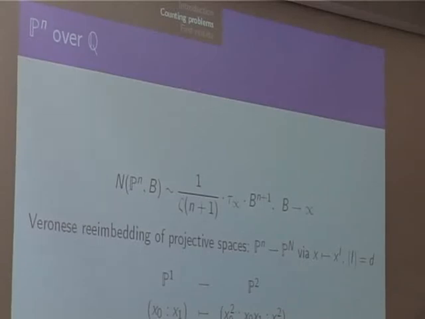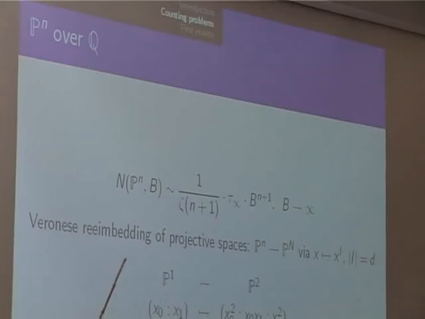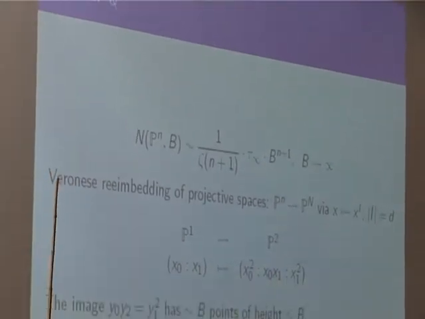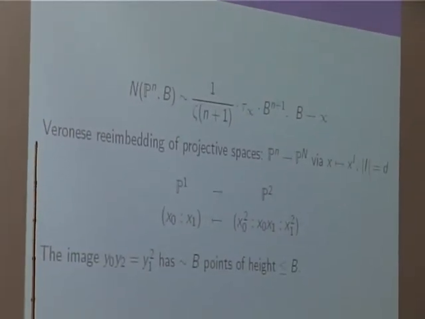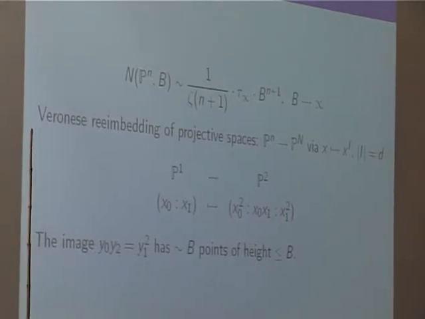So you have a different equation, but it's still P^1. And the height asymptotics will depend on these embeddings. In the standard embedding on P^1, you would have B^2 points. In this embedding, you would have B^1 points. And in general, if you look at a rational curve of degree d in some projective space, the asymptotic will be B^(2/d).